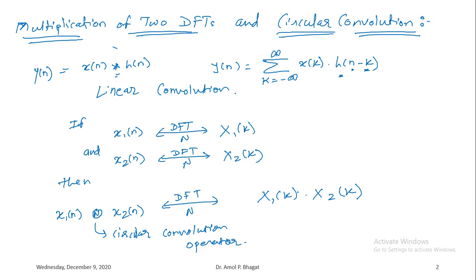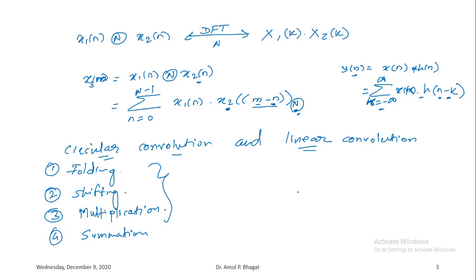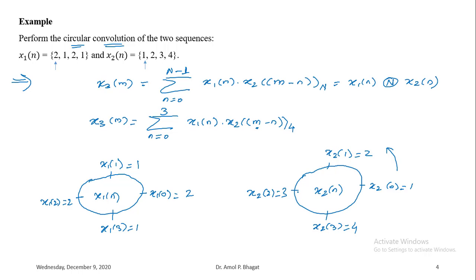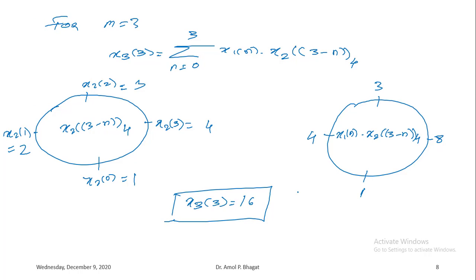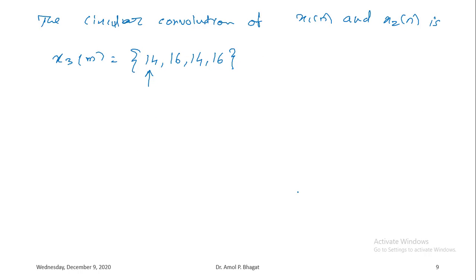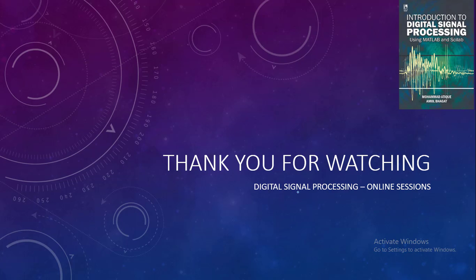As well as we have seen how to determine the circular convolution by using its formula and by using graphical method here, right? In next session we'll be determining the circular convolution by using the discrete Fourier transform or the multiplication of two DFTs property, okay.